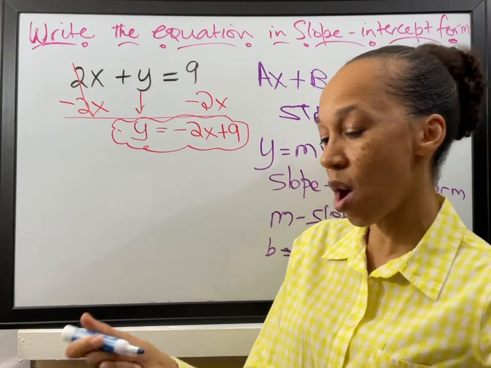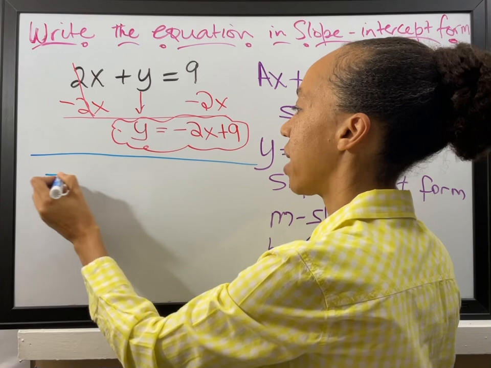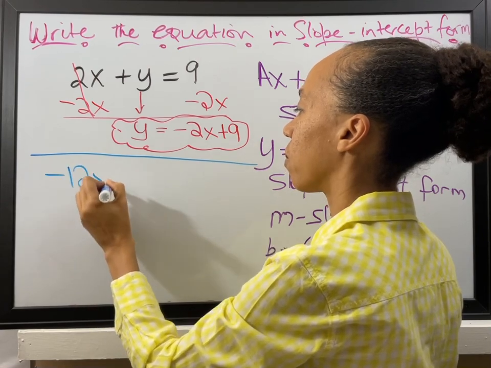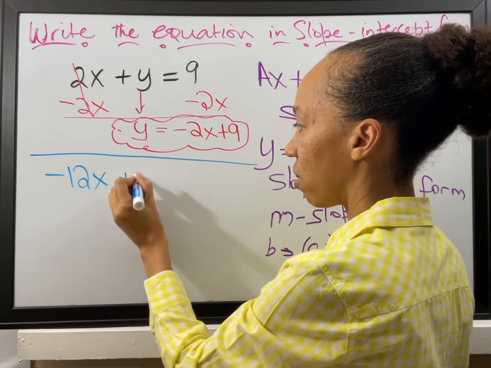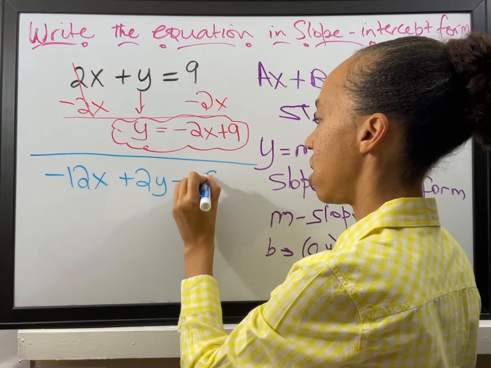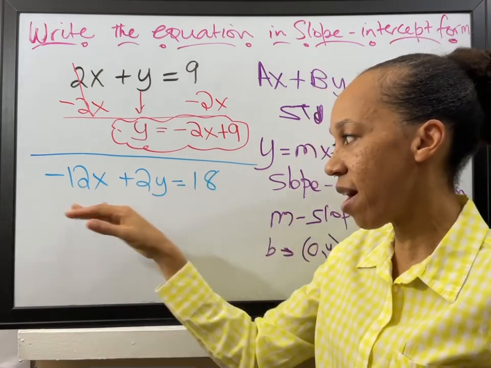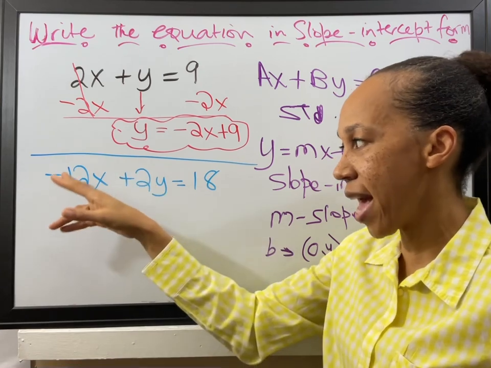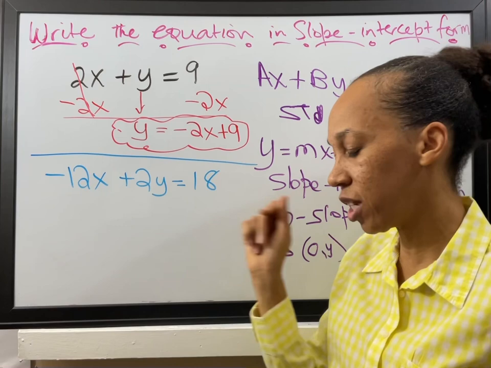So I'm going to do one now where I'm going to draw a line here, and I'm going to do negative 12x, and I'm going to do plus 2y equal 18. Okay? So you notice here again, this is a standard form. Your a is negative 12, your b is 2, and your c is 18.